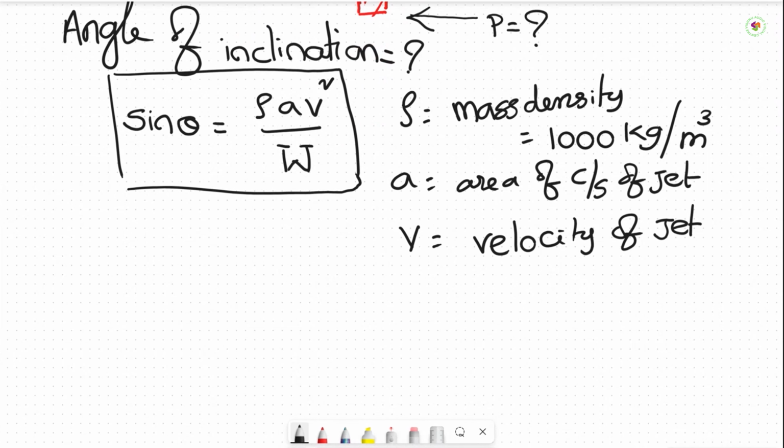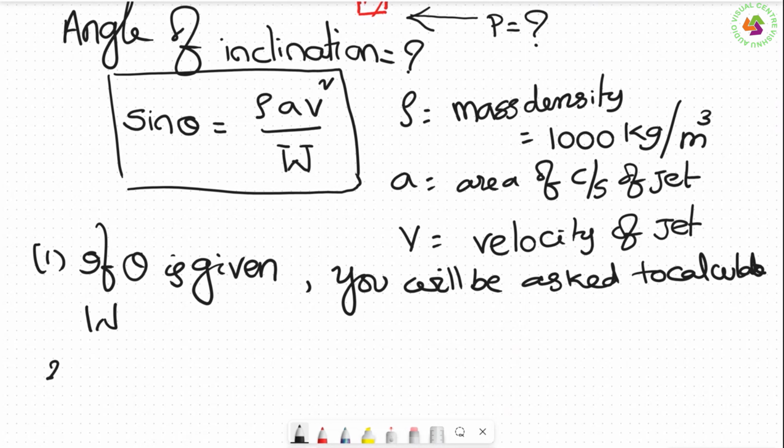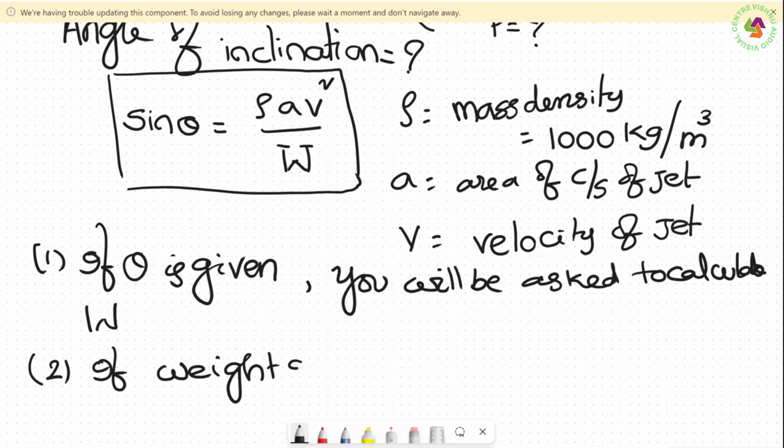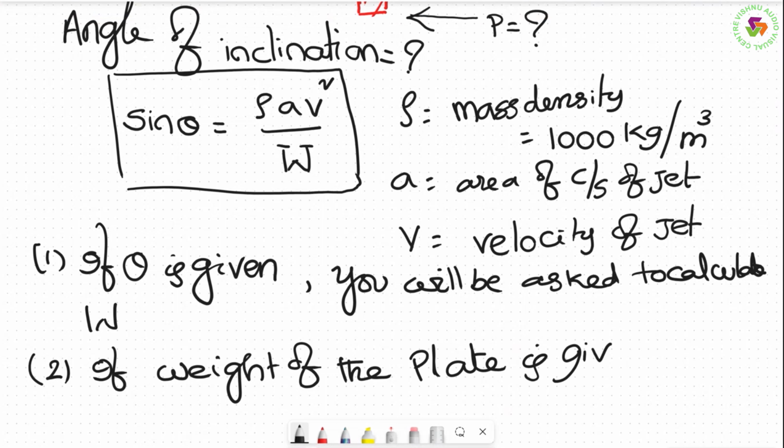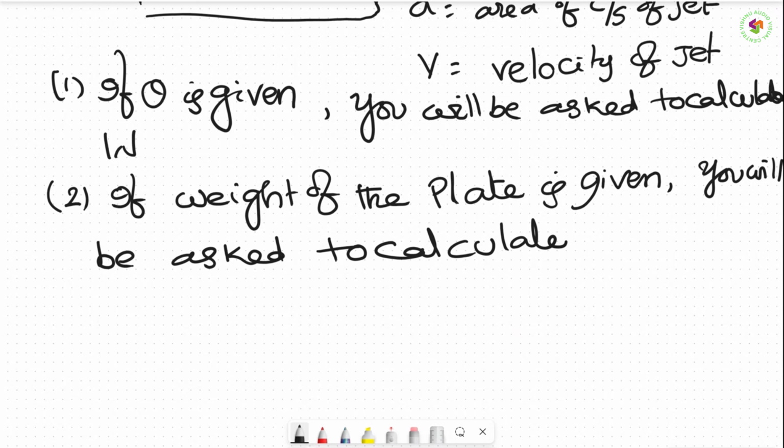If theta is given, you will be asked to calculate the weight of the plate, or if the weight of the plate is given, you will be asked to calculate theta.